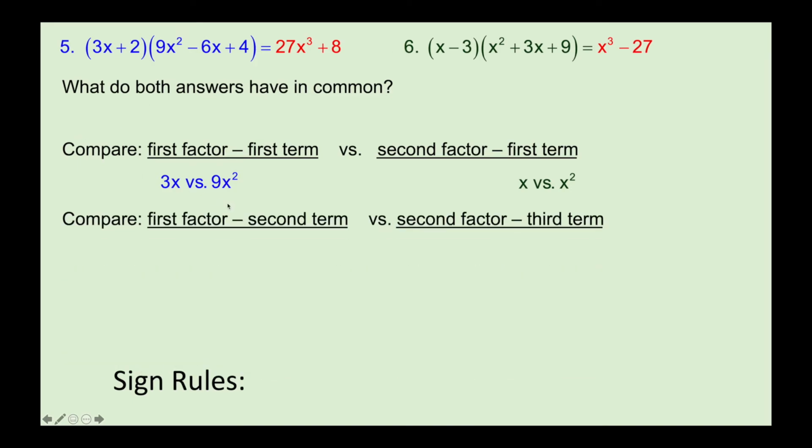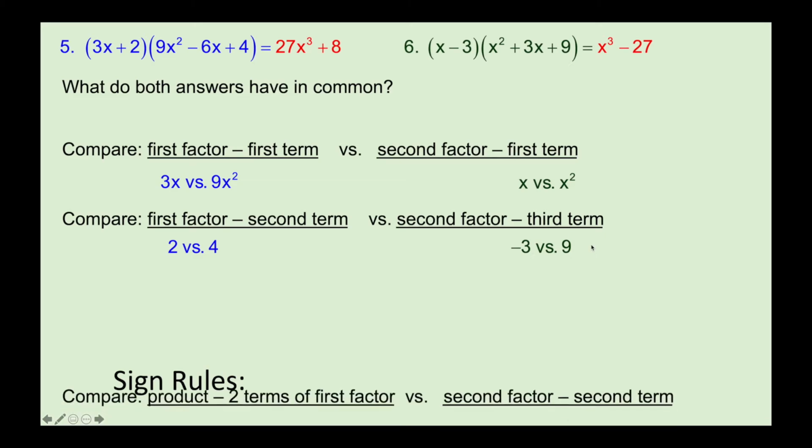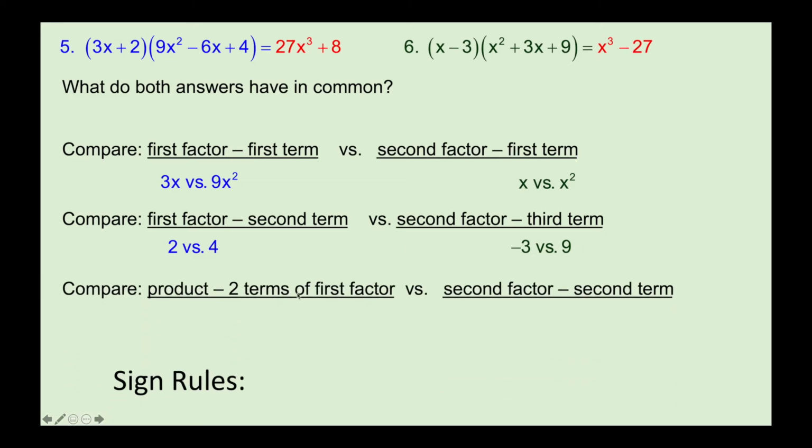Now I'm going to compare the first factor, second term, which would be 2, to the second factor, third term, which is 4. And then in number 6, I've got negative 3 compared to 9. And once again, the same relationship holds up. 2 squared is 4. Negative 3 in parentheses squared would be 9. Now if I compare the product of the two terms of the first factor to the second factor, second term.